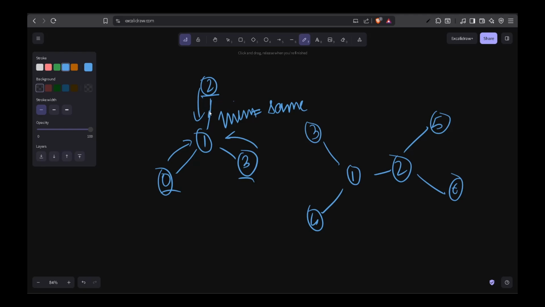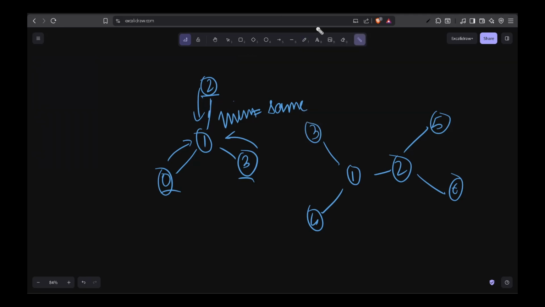If we take, say, 5 as the root node, we'll have to traverse from 5 to 1 and 4. So the answer would be 3, 1, 2, 3. If you take 6, same answer, 1, 2, 3. We cannot take this, of course, because we have to take the longest possible, and that should be the minimum. So, okay. And for 3 and 4 also, the answer would be 3.